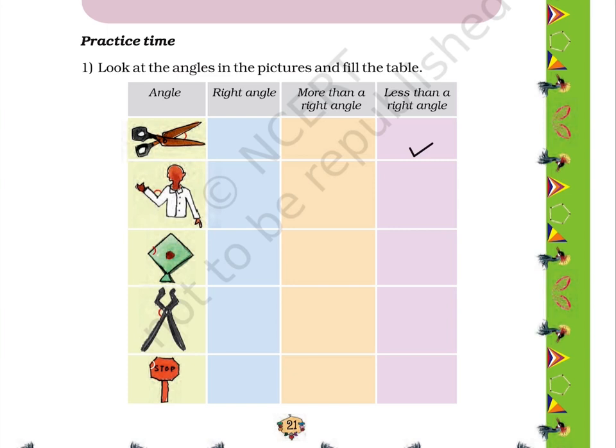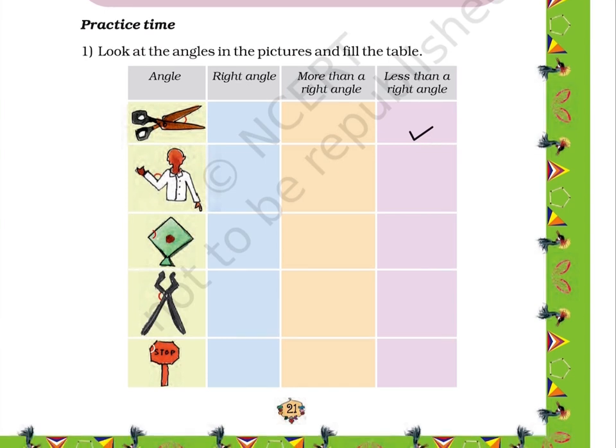In the second row of the first column, we have a person who has a folded elbow. You have to observe the angle and give the correct answer accordingly. Row 3, column 1 has the picture of a kite. The left angle is marked there. Observe it carefully and give your answer correctly.